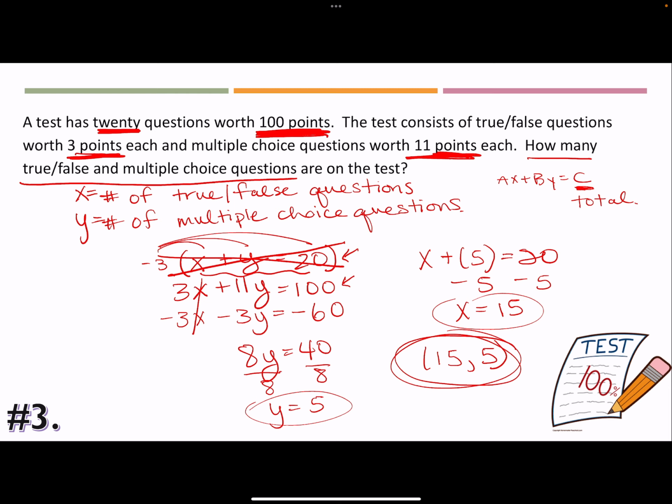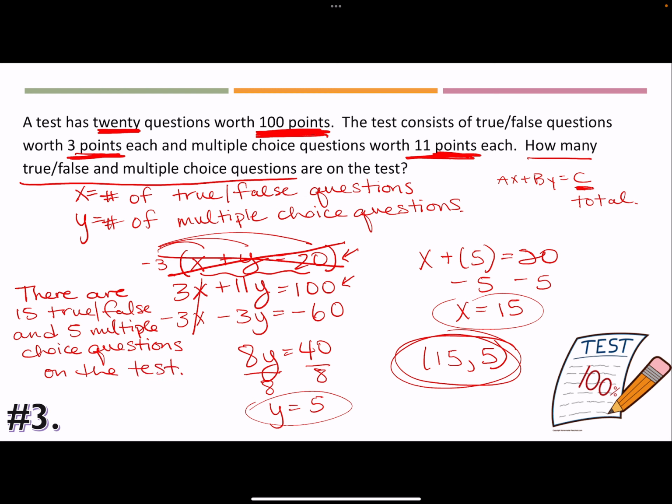But I really need to answer the question. The question said how many true-false questions and how many multiple choice questions are on the test. So remember, x is the number of true-false questions. X was 15. So there are 15 true-false and 5 multiple choice questions on the test.